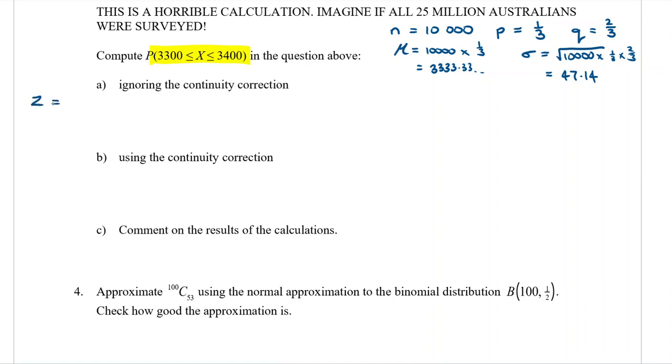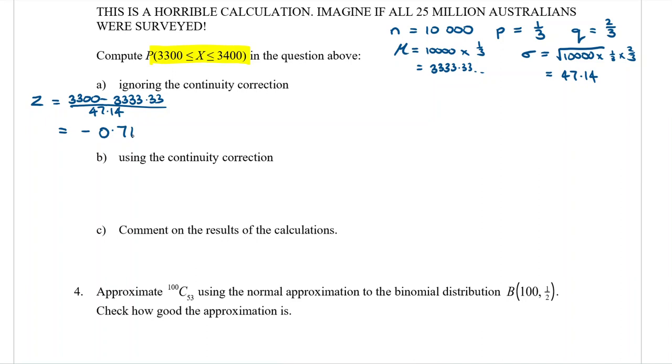The z-score would be 3,300 minus the mean, which was 3,333.33 repeater, over my standard deviation. And I calculated that, and hopefully Ben's getting the same thing, as negative 0.71 to 2 decimal places.